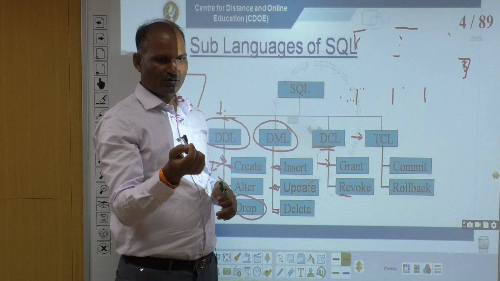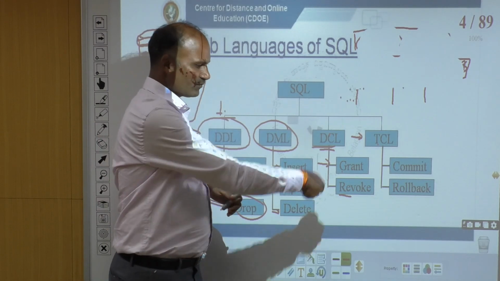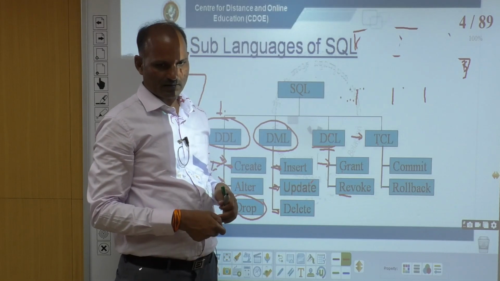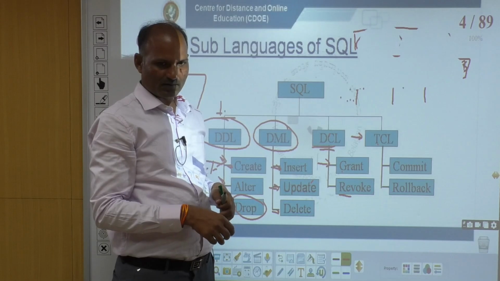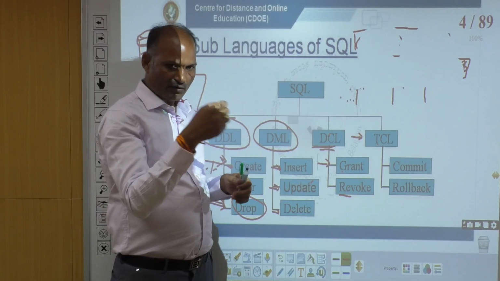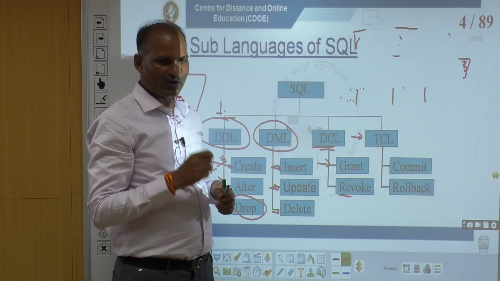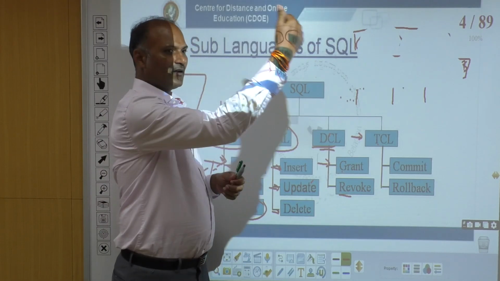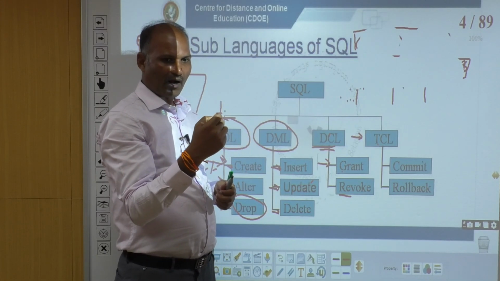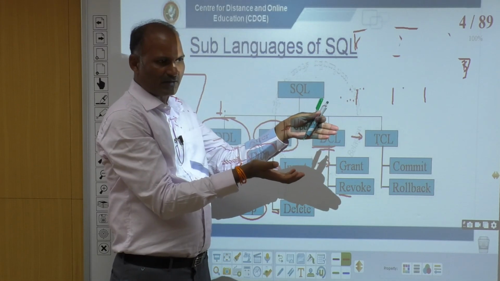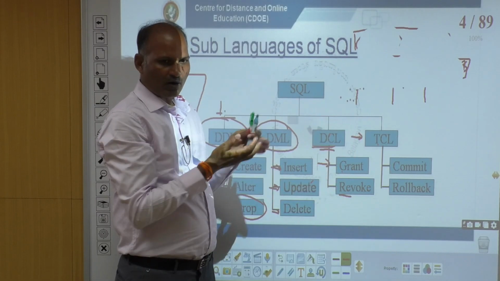Say you go to the ATM to withdraw money. You put in the ATM card, then you enter the PIN, then you enter the amount that you want to withdraw. Then the database will check whether that amount is available in your account or not.